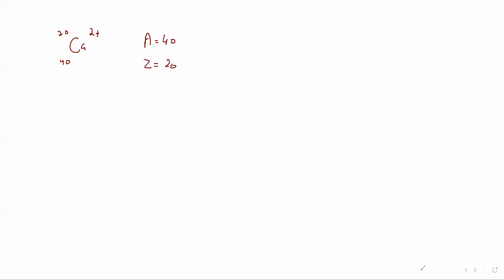If you want to find the number of neutrons, protons, and electrons, the proton number will be equal to Z, that is 20. If you want to find the neutron number, that is A minus Z, the difference 40 minus 20, that is also equal to 20.